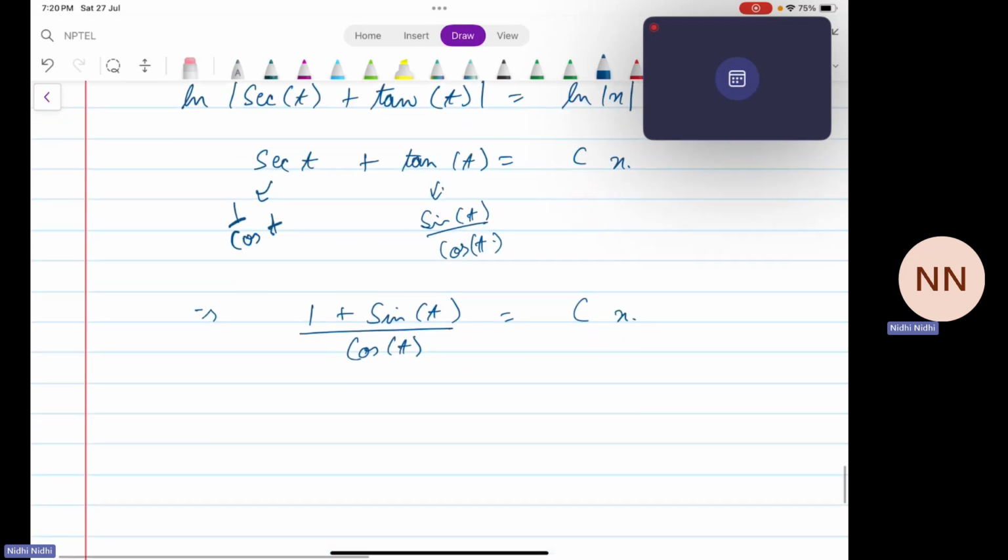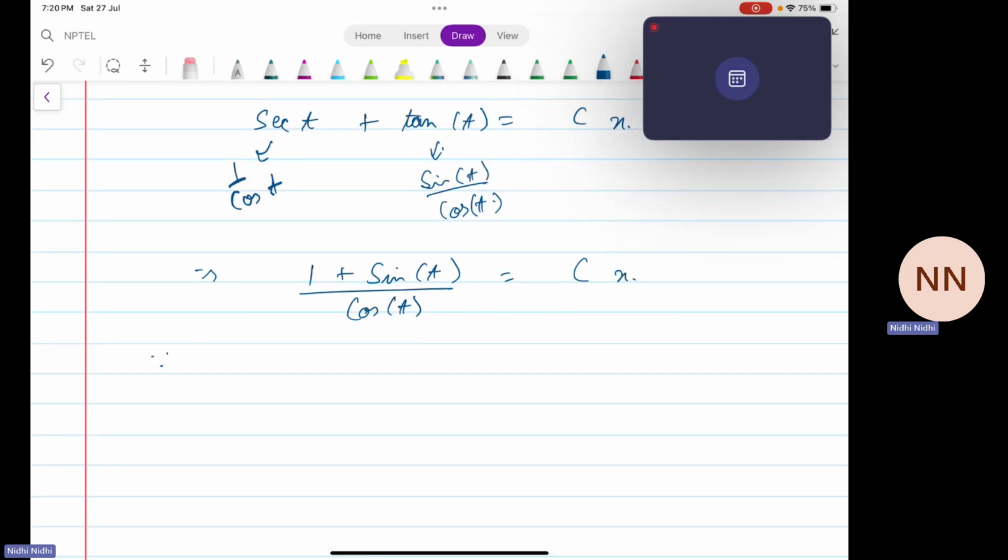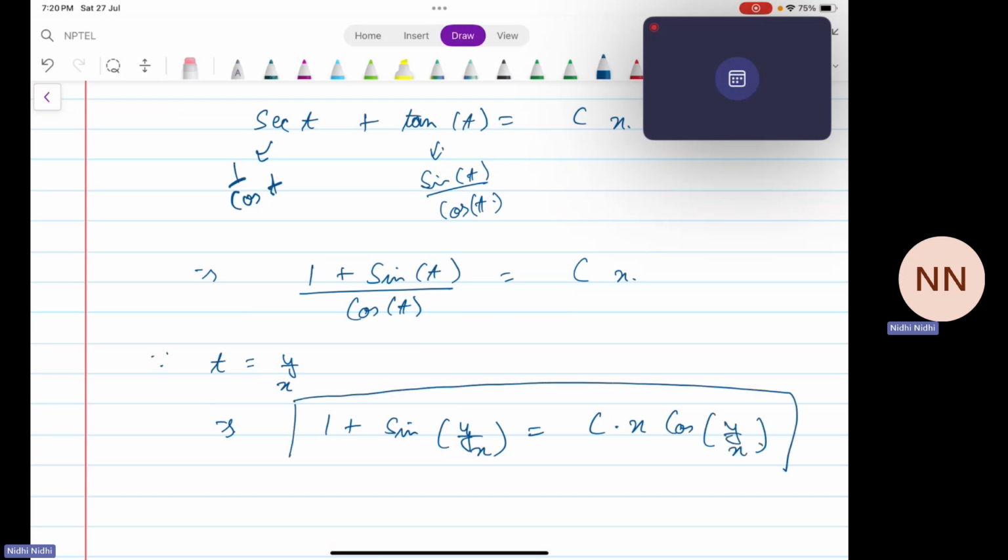Now replacing the value of t, what was t? t was y by x. We get 1 plus sin y by x is equal to cx cos y by x. This gives us the solution.